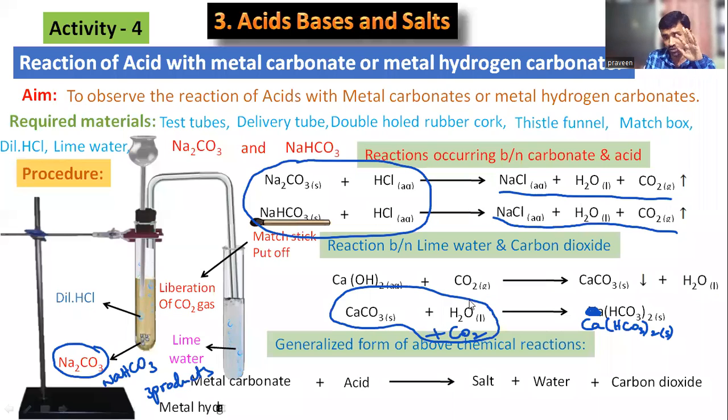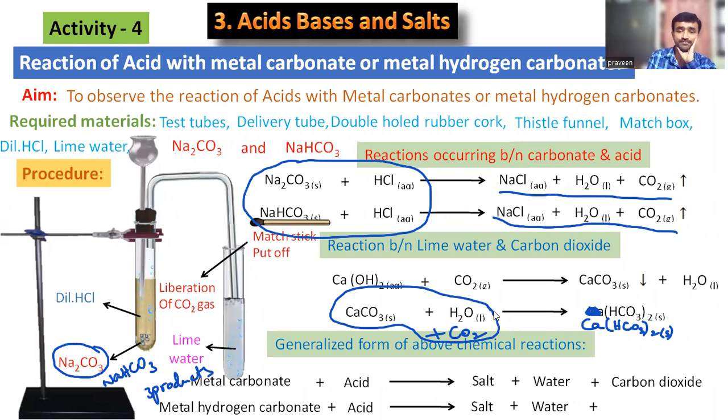Metal hydrogen carbonate reacting with the acid produces salt, water, and a gas liberated, in this case carbon dioxide. Right? So these are the generalized equations.